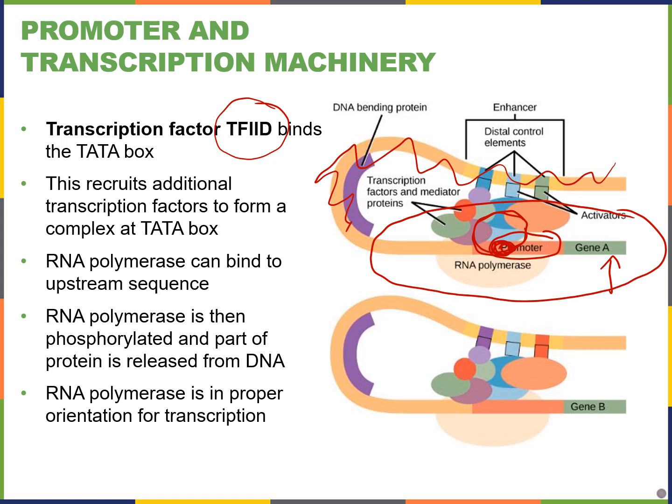That recruits additional transcription factors, as you can see, which ultimately recruits RNA polymerase to the promoter. So now we can have the initiation of transcription. Remember that RNA polymerase is phosphorylated, and then a piece of the protein will come off before you can move RNA polymerase forward for transcription.